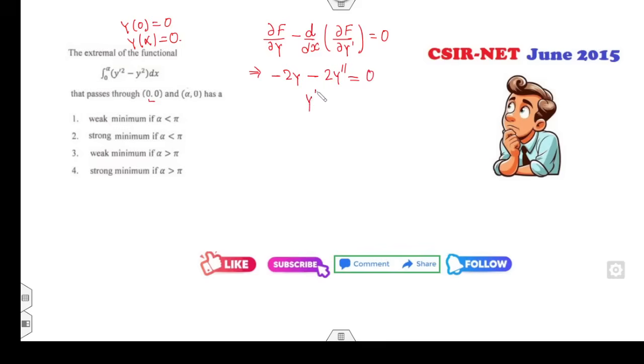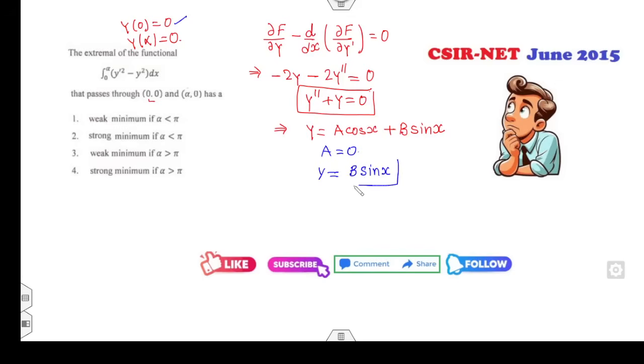So that will give you y double dash plus y is equal to 0. Clear? So the solution will be y is equal to a cos x plus b sin x. Fine. And y of 0 is 0. This implies a will be 0. Fine. So that means the solution will be b sin x.